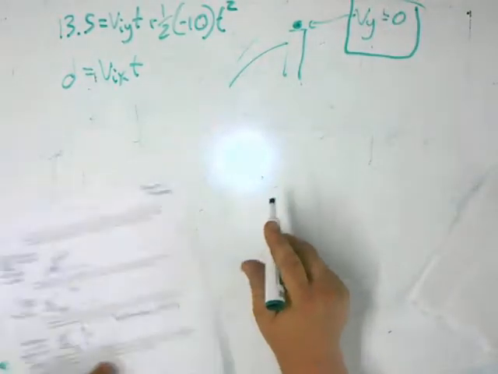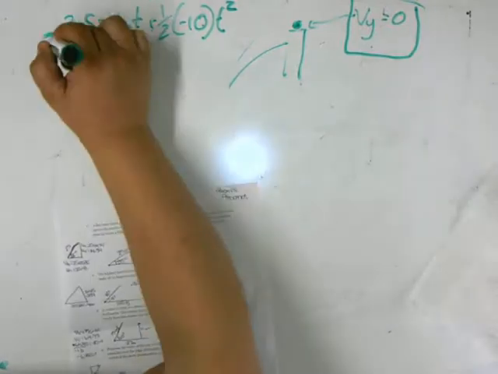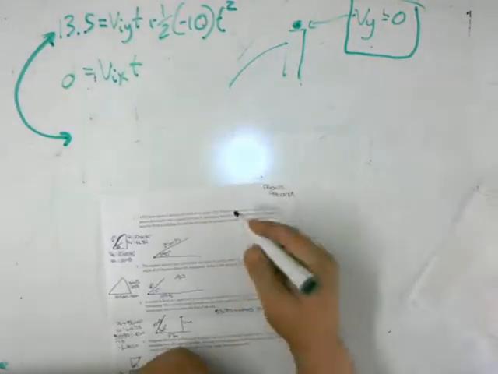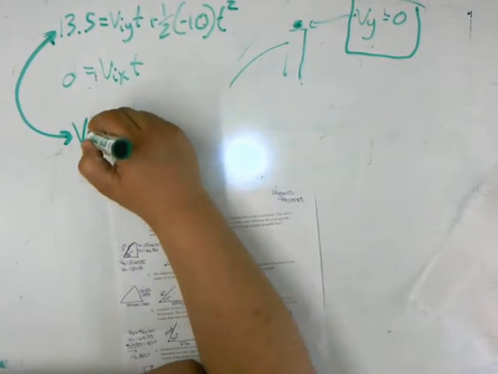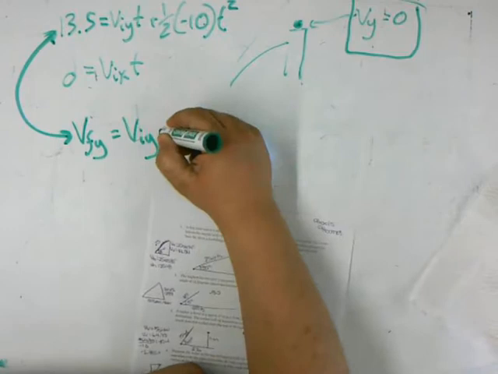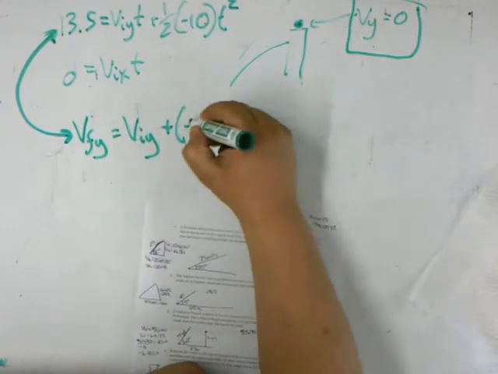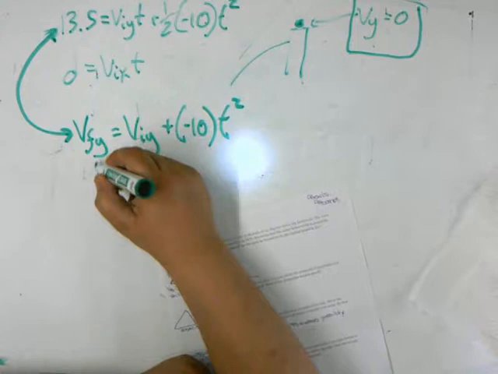V final in the Y is equal to V initial in the Y plus -10 T. I know that V final is equal to 0. I don't know what V initial is, and I don't know what T is.